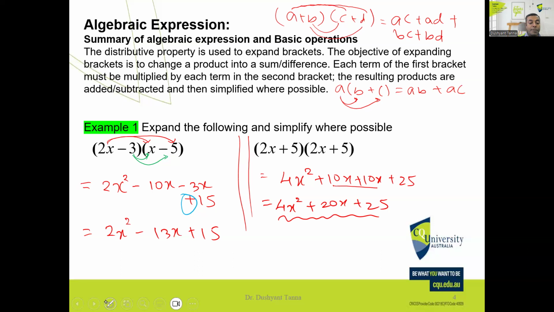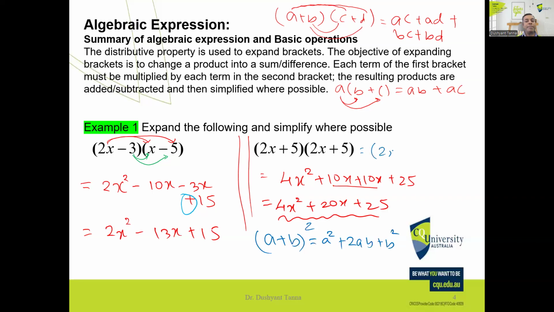We have one concept as well, which is called a plus b whole squared. Do you remember the formula? It's a squared plus 2ab plus b squared.